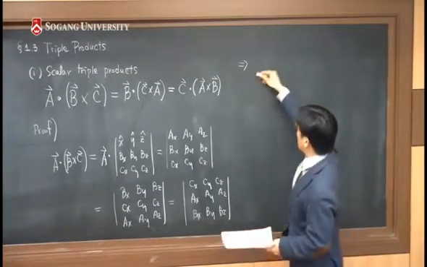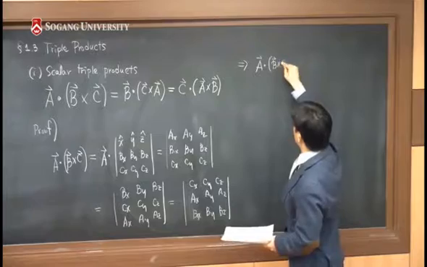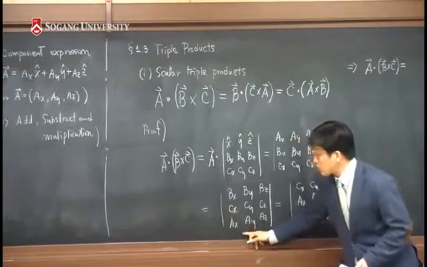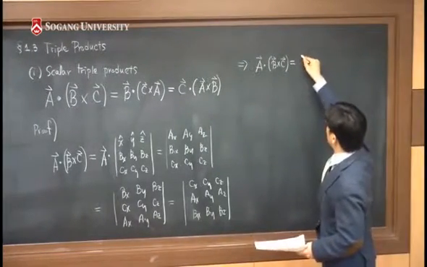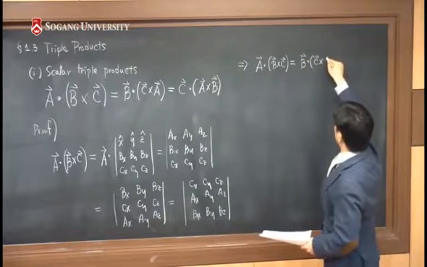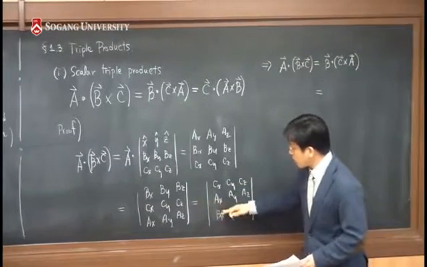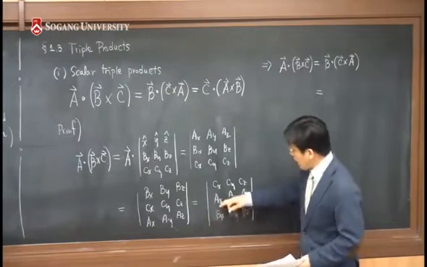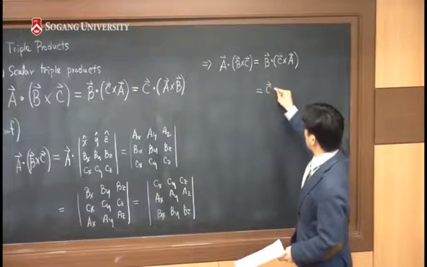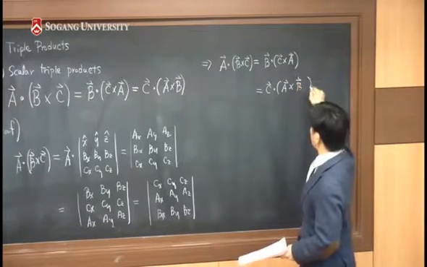So the first one, as you saw, was from its definition A dot B cross product C, and the second one is B dot C cross product A. And the very last one will be C dot A cross product B. Okay.